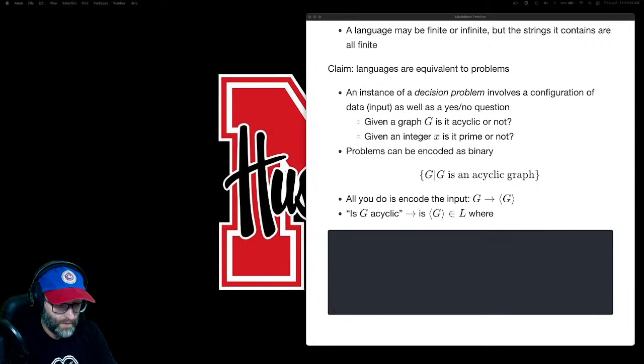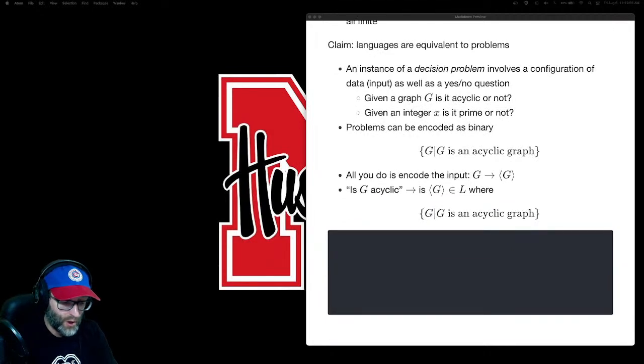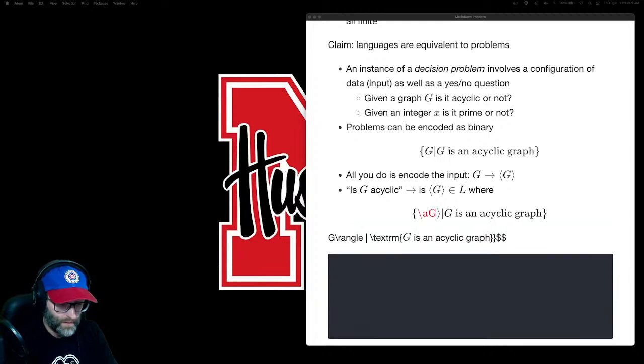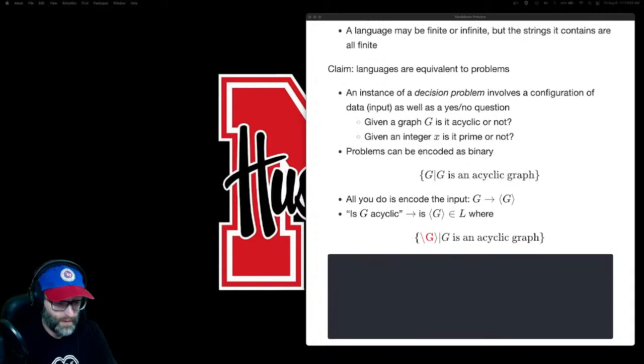All encodings such that G is an acyclic graph, right?